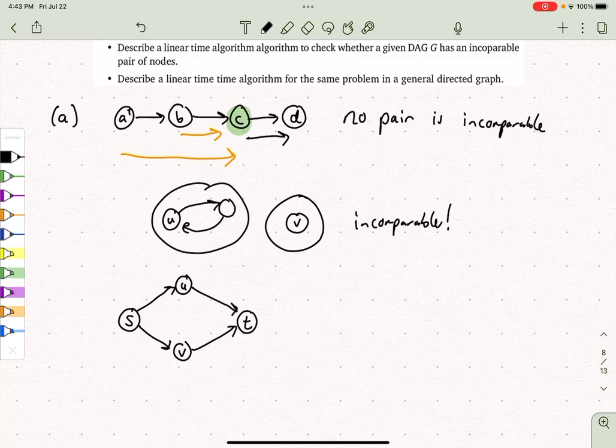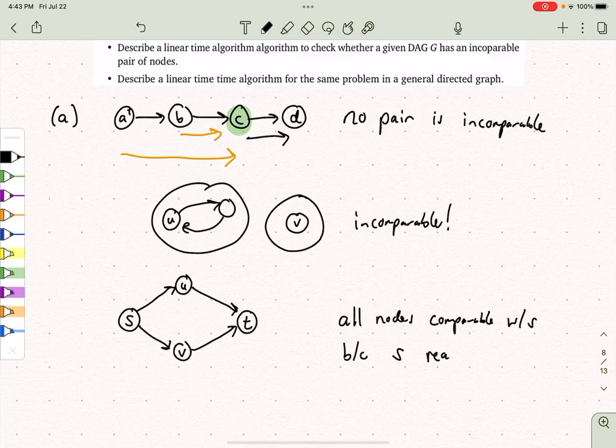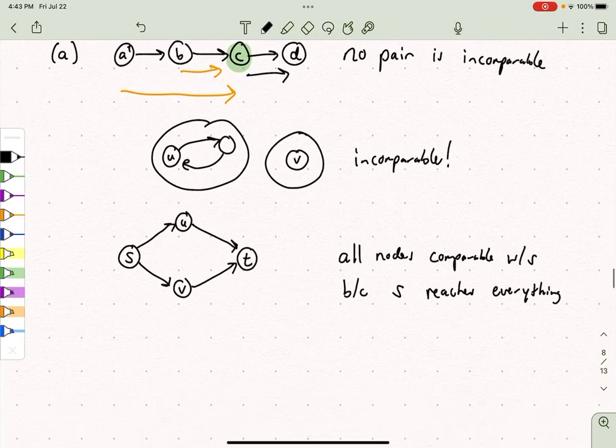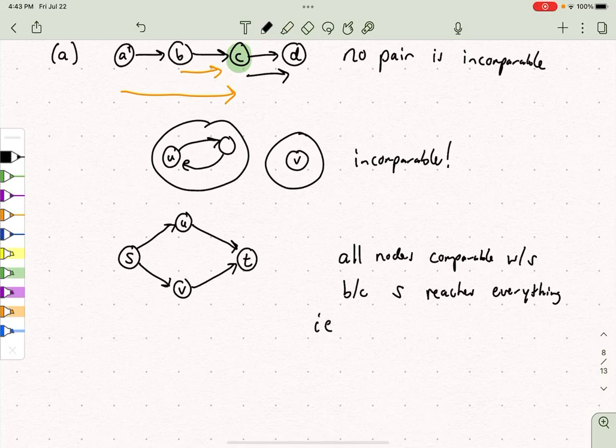So clearly S and T are comparable because S can reach T. And in fact, all nodes are comparable with S because S can reach everything. In other words, there's a path from S to any other node.